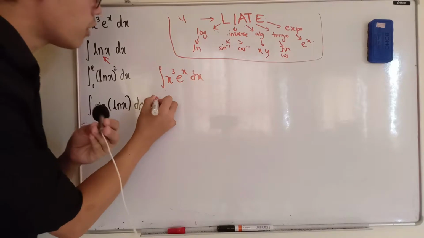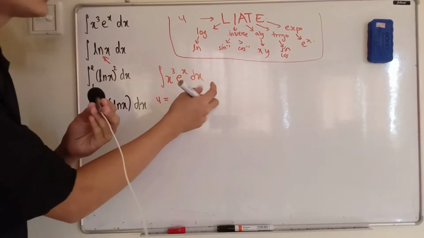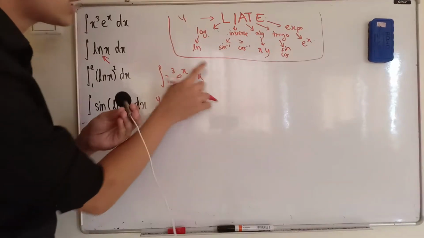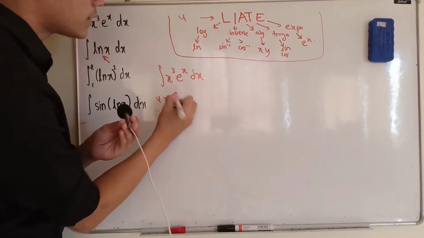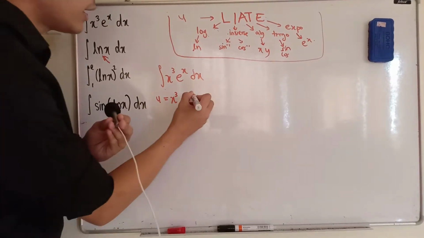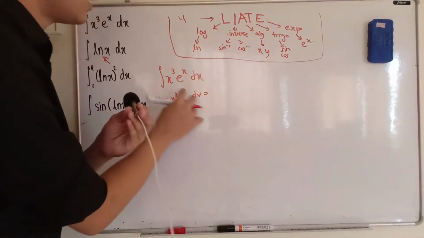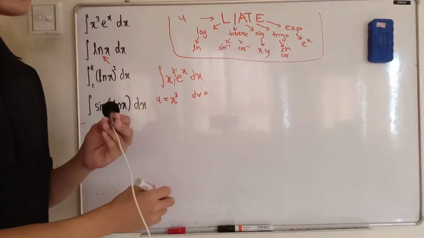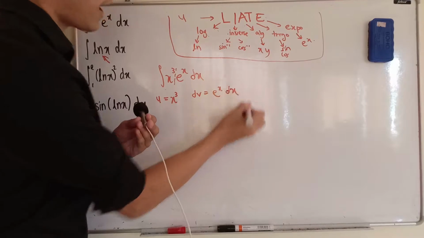Since algebra comes before exponential, I choose algebra, which is my s. So I let u equal s cubed, and dv is the rest, which is e^s ds.